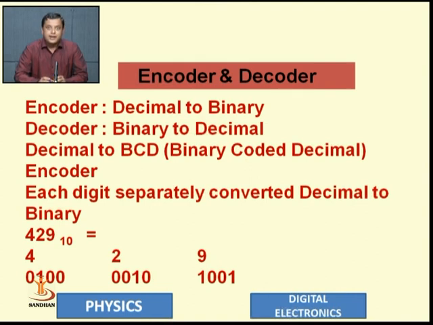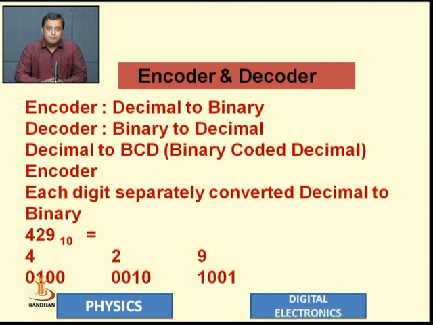Similarly, decimal system to binary system or binary system to decimal system. So we have the encoder. Encoders are used to convert decimal system to binary system, as well as decoders are used to convert binary to decimal numbers.